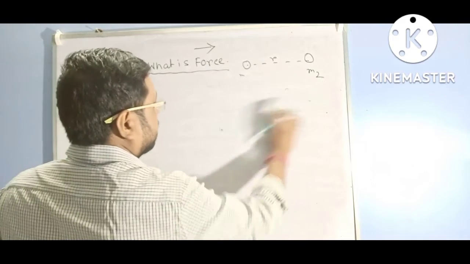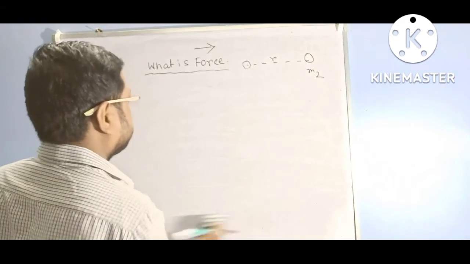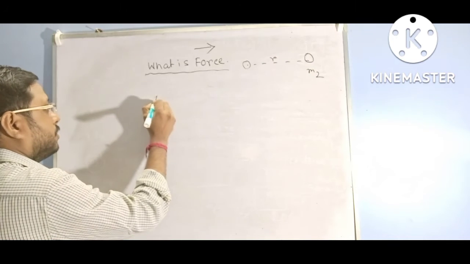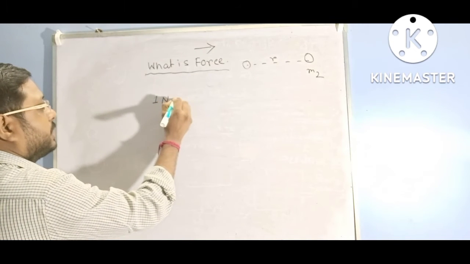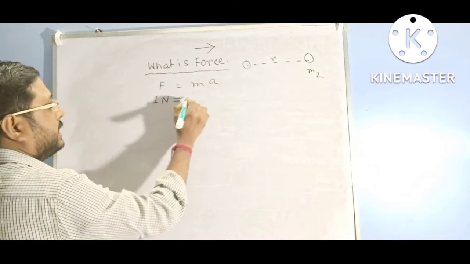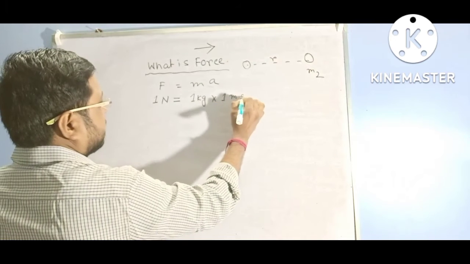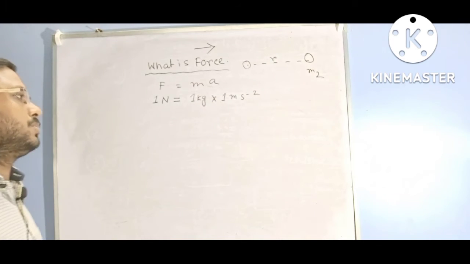So we get F equal to ma. That is 1 Newton equal to 1 kg times 1 meter second to the power minus 2, or meter per second square.